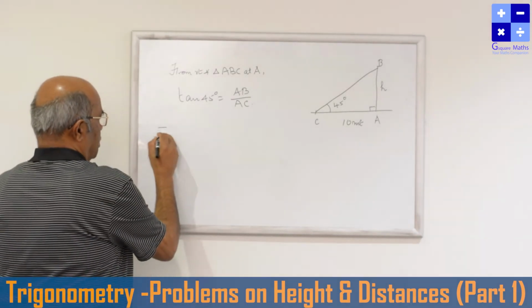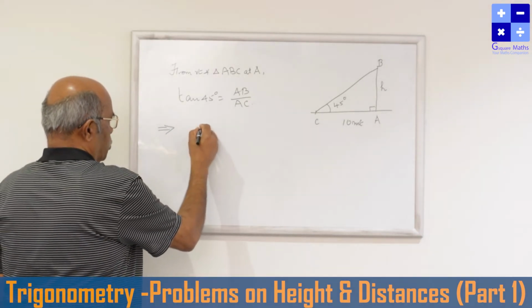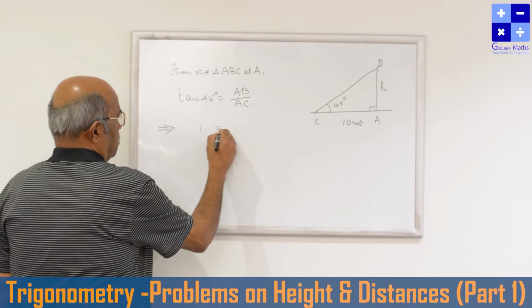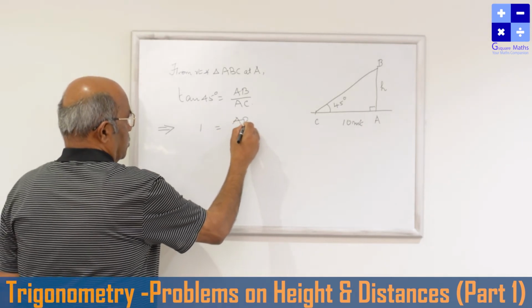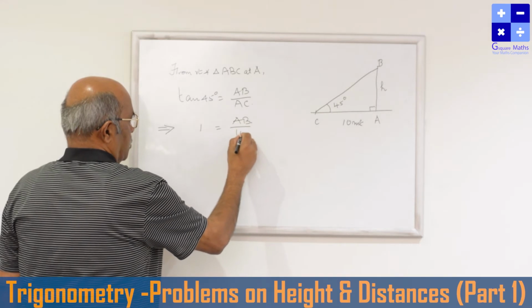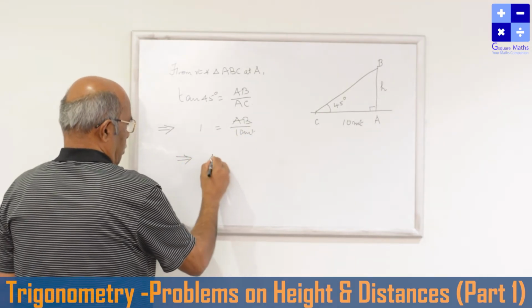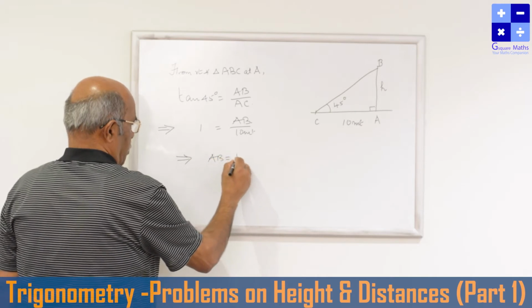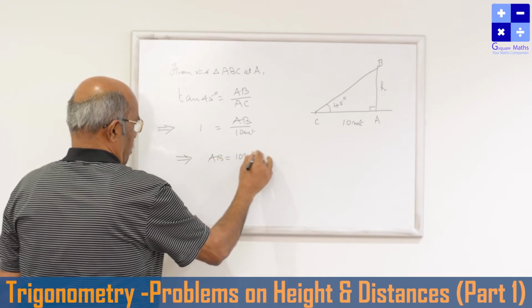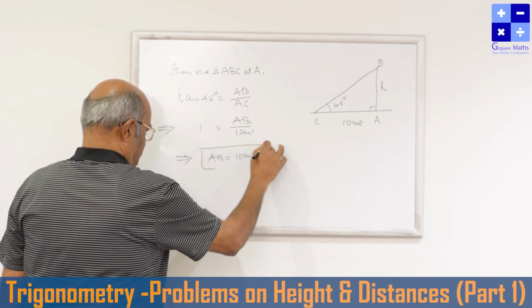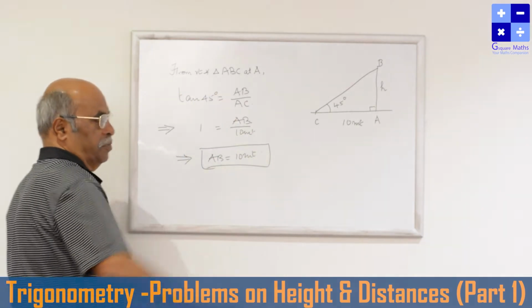This implies, tan 45, we know the value is 1, so the height of the tower is 10 meters.